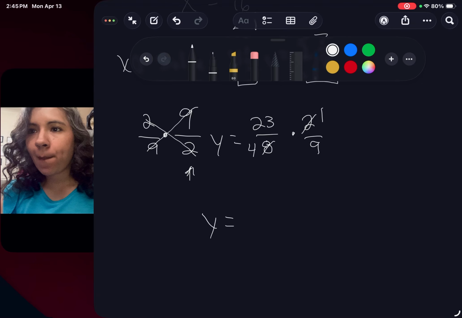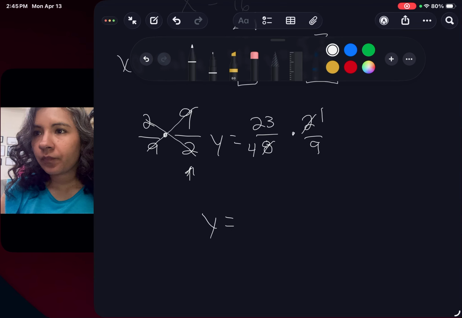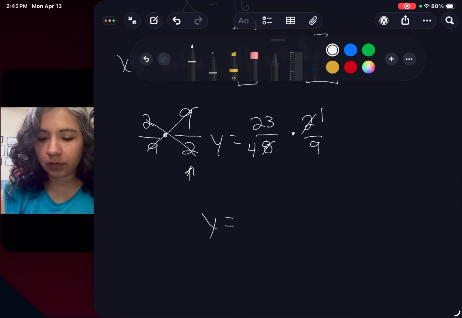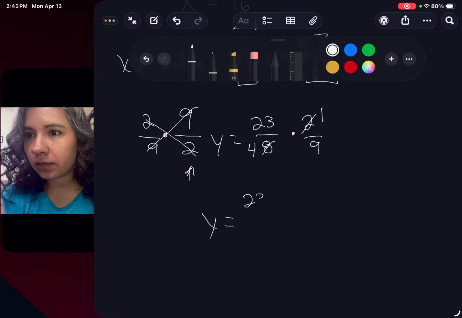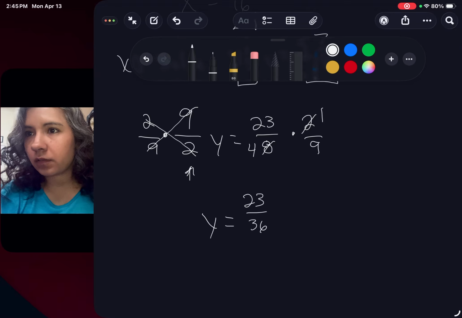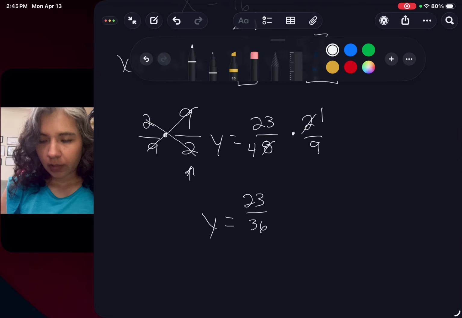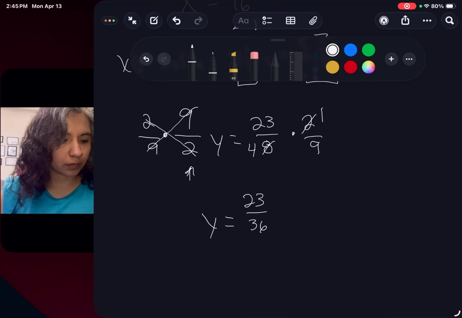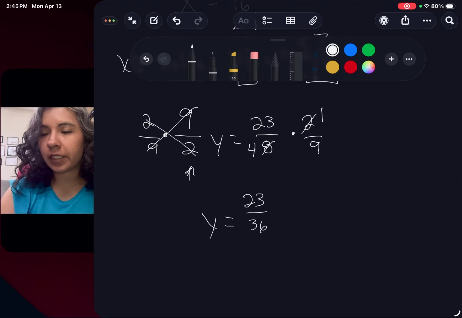4, 7, 23 over 36, which doesn't reduce, so this is the simplified answer.